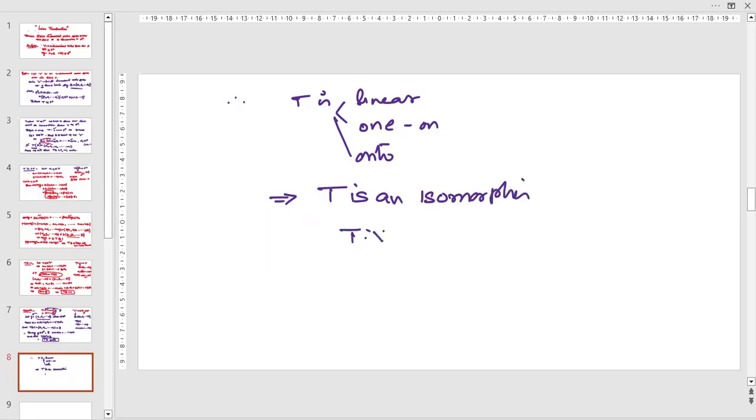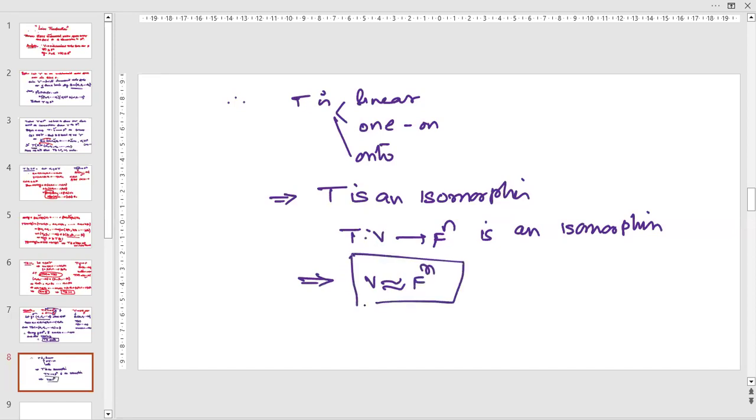That is, T from V to F^n is an isomorphism. This means that V is isomorphic to F^n. This is what we had to prove, that every finite dimensional vector space over the field F is always isomorphic to F^n. So this completes the proof.